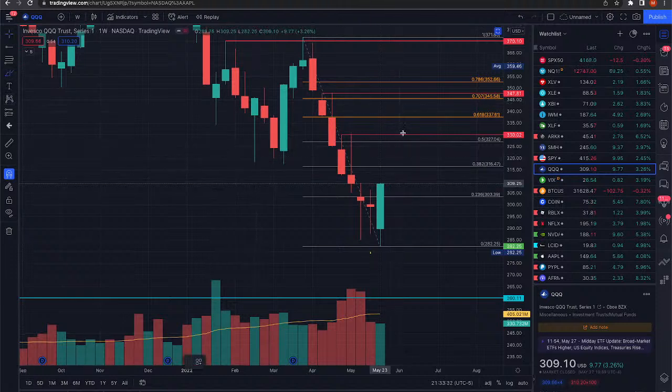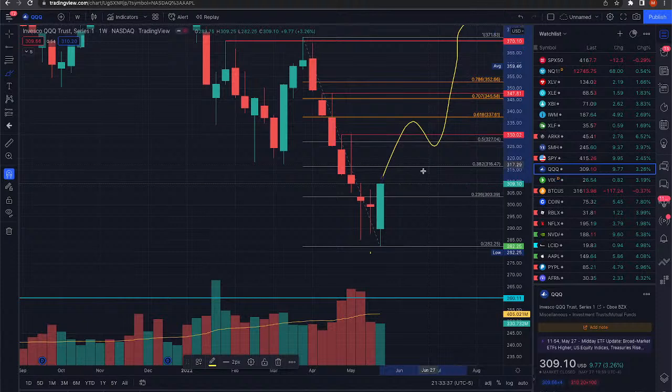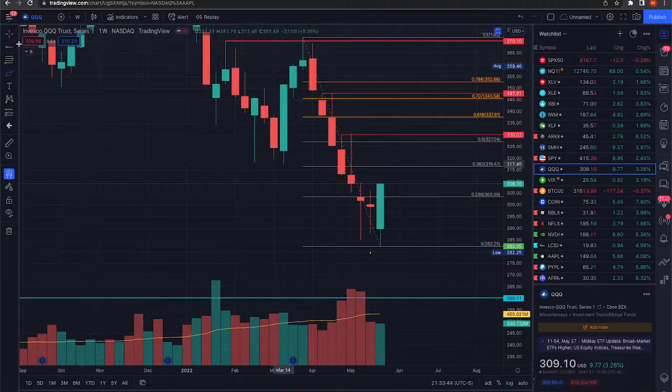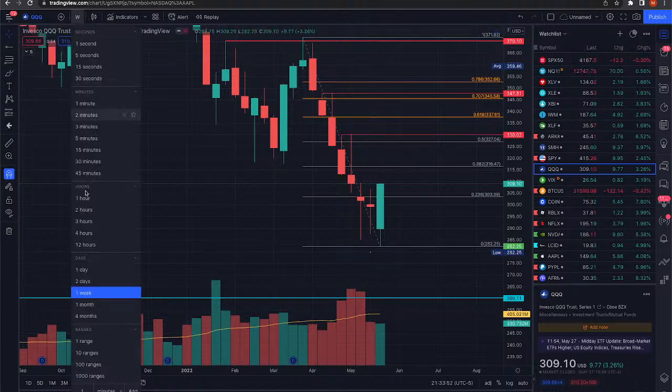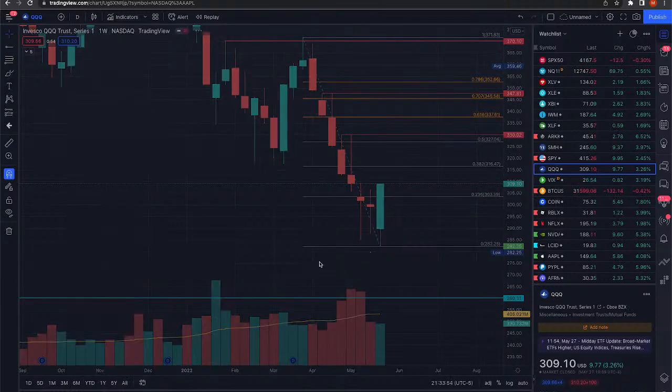If it gets all the way up here and then does something like this on the weekly and crosses this, that's when I'll believe the bulls are actually back. So with that being said, we still got a long way to go. I think this bounce can continue, but I'm still bearish until then.